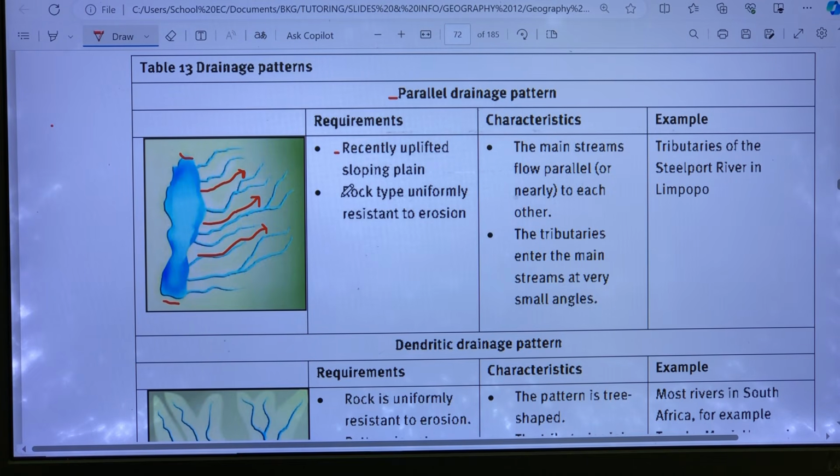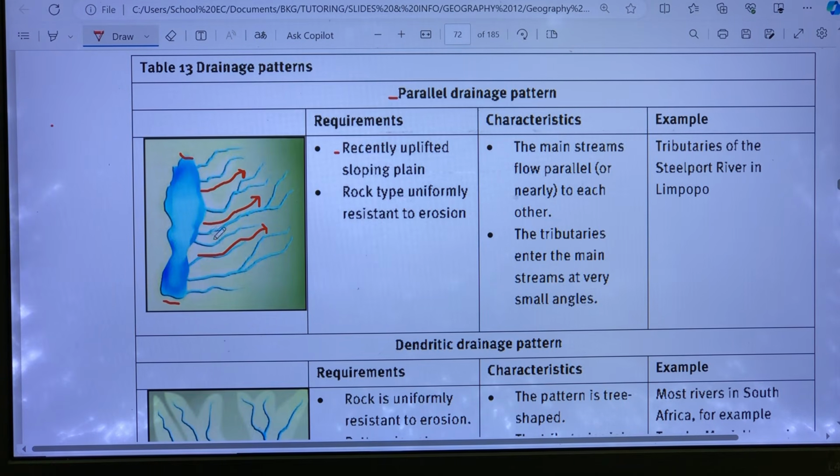Let's move on. The rock type is uniformly resistant to erosion. What does that mean? Other parts of the underlying rock structure of this landform can be eroded, and other parts, the bulk parts, cannot be eroded. Look guys, because for most students this is very confusing.